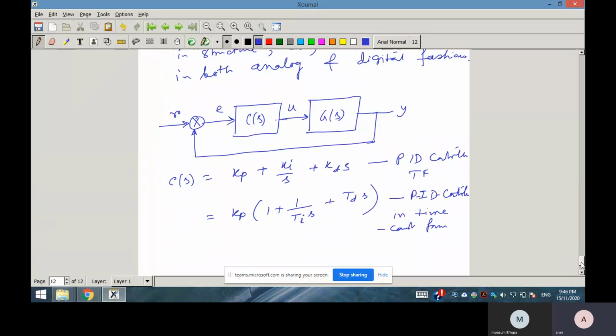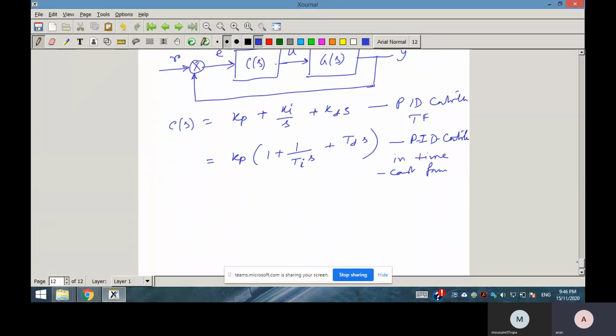Now what is the effect on closed loop performance of Kp, Ki, Kd? Kp is the proportional gain.